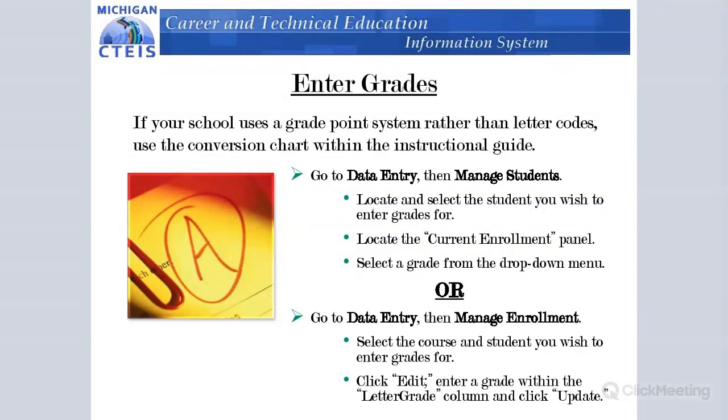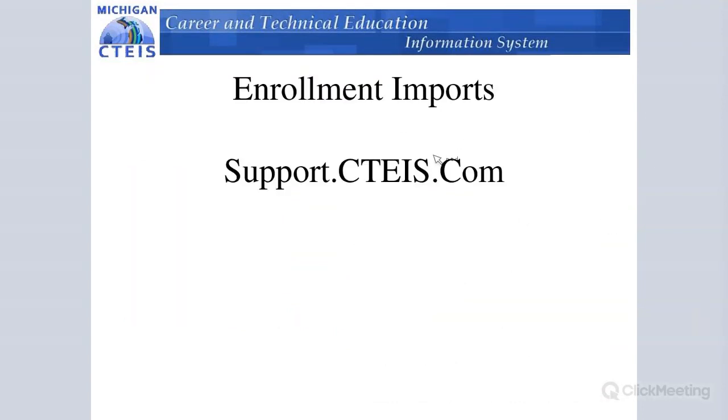And there's more information in the documentation about what the grades mean. There are certain grades for dropping out and those kinds of things, so you can look those up. We talked about importing enrollments and how you can find all the templates and supporting documentation on the support.ctis.com. So you can do that.